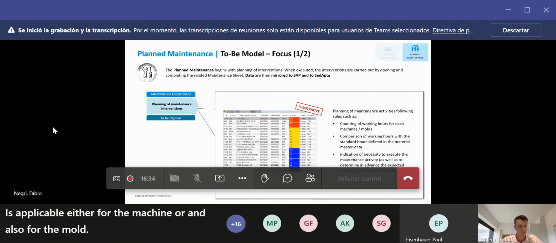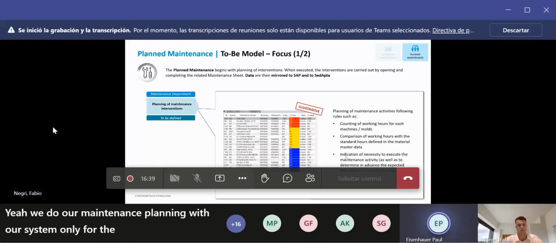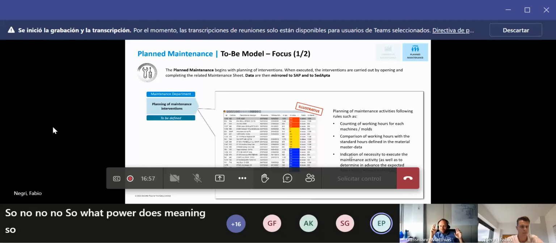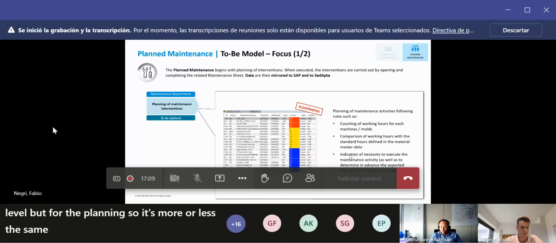Yeah, we do our maintenance planning with our system only for the predictive maintenance. So the daily work is done in direct communication. So what Paul is meaning, the daily troubleshooting is done on an operator and technician level, but for the planning, it's more or less the same as what the guys are talking about in the UK.